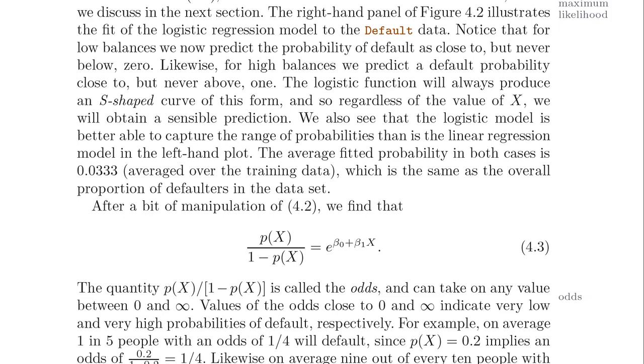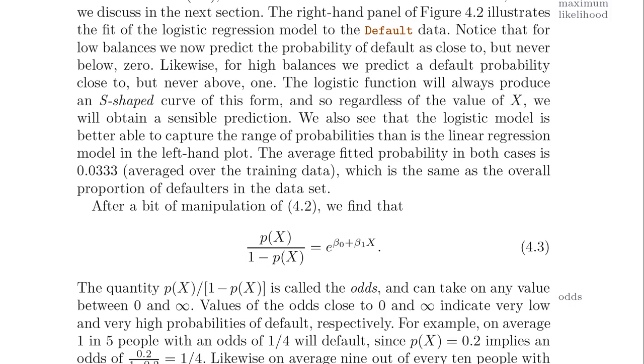The logistic function will always produce an S-shaped curve of this form, and so regardless of the value of x, we will obtain a sensible prediction. We also see that the logistic model is better able to capture the range of probabilities than is the linear regression model in the left-hand plot.